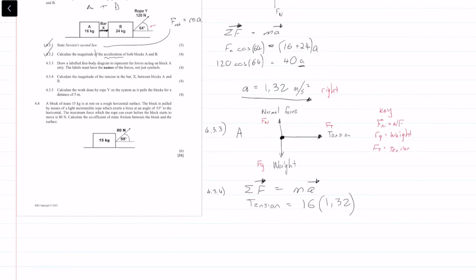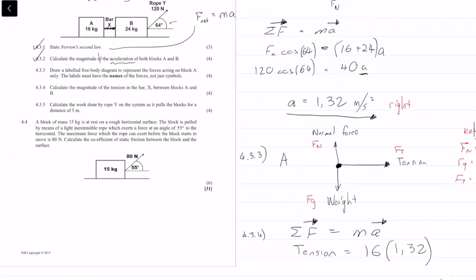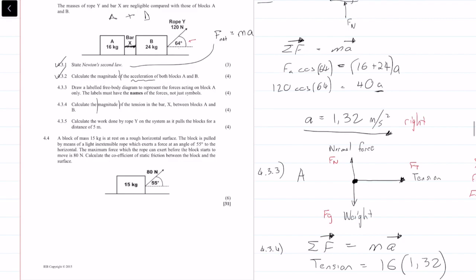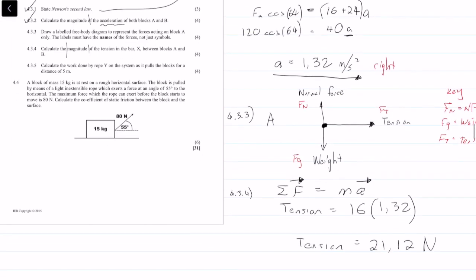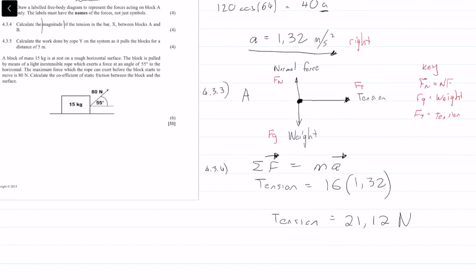And so the tension between A and B is equal to 21.12 newtons. And again, they've been nice to you and said magnitude, but if they had wanted a direction, for block A it would be right.